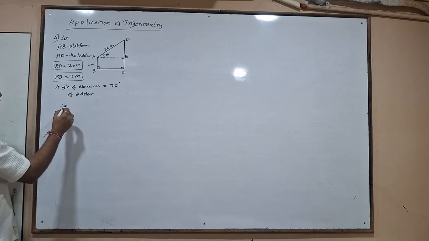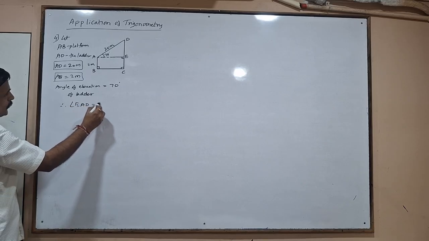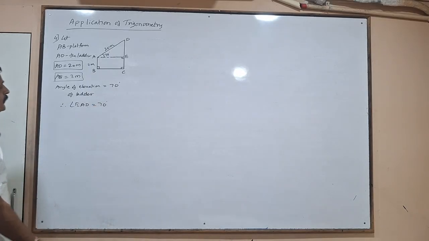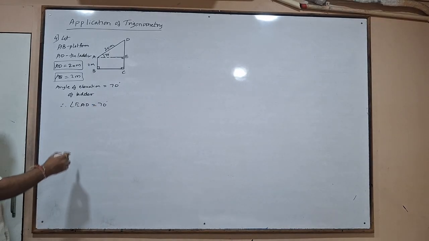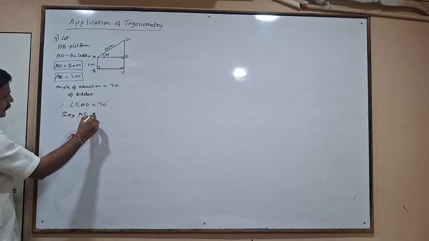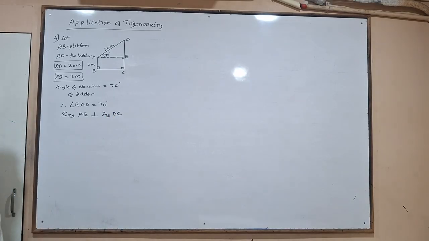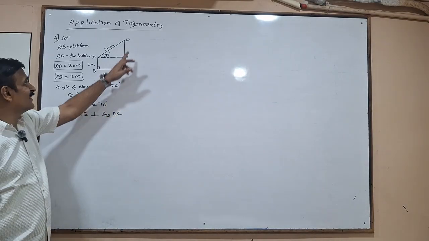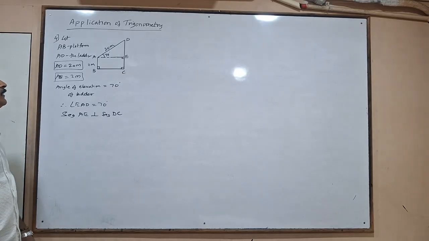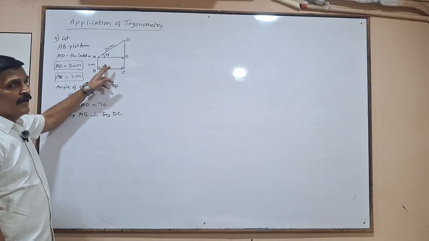So angle EAD is equal to 70 degree. Segment AE perpendicular to segment DC. To calculate CD, we require this as a rectangle.